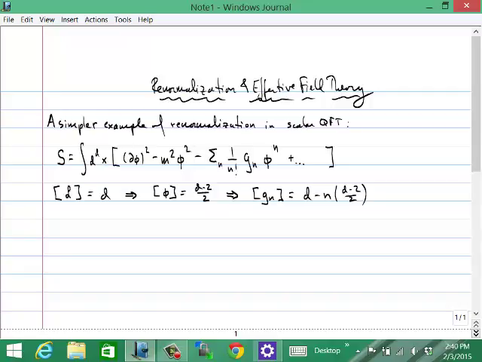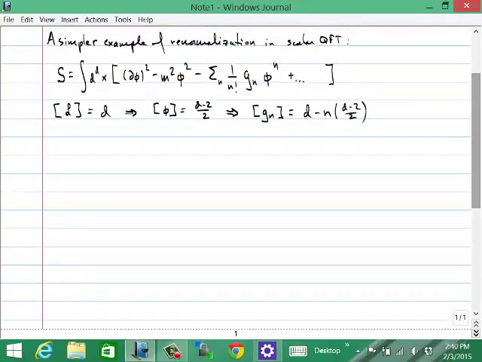Okay. So let's start by really redoing the calculation that we did last class, now in the context of scalar field theory with these more general types of interactions.